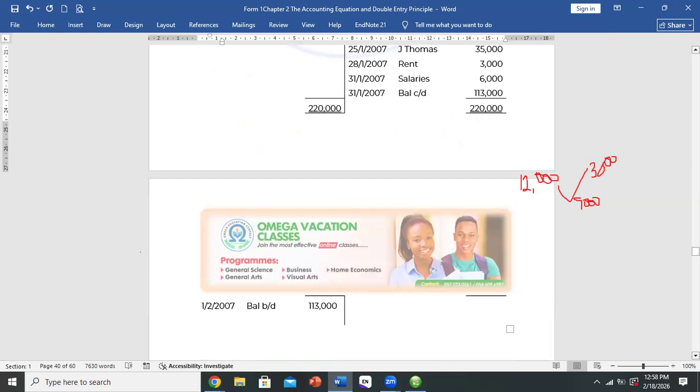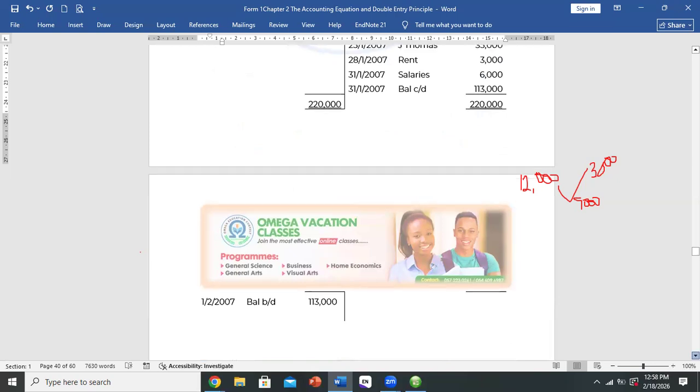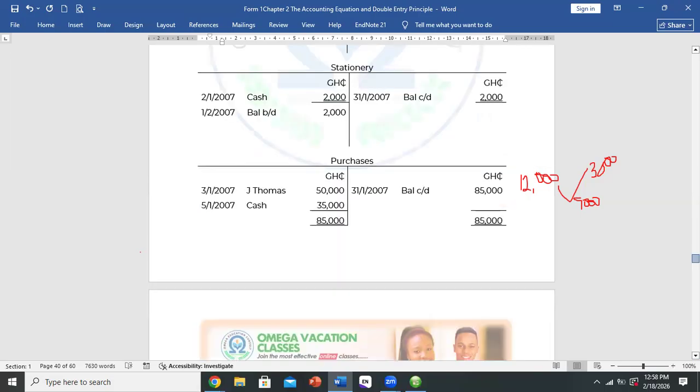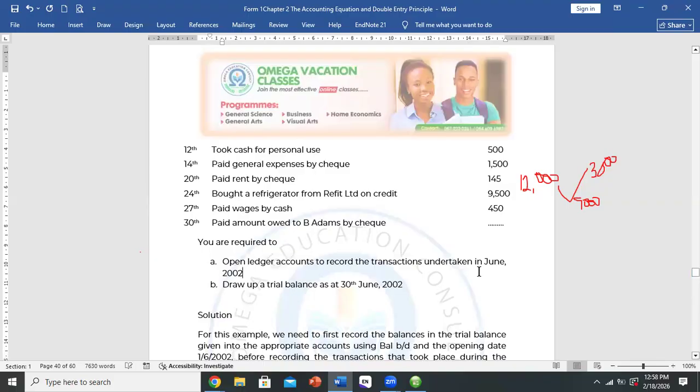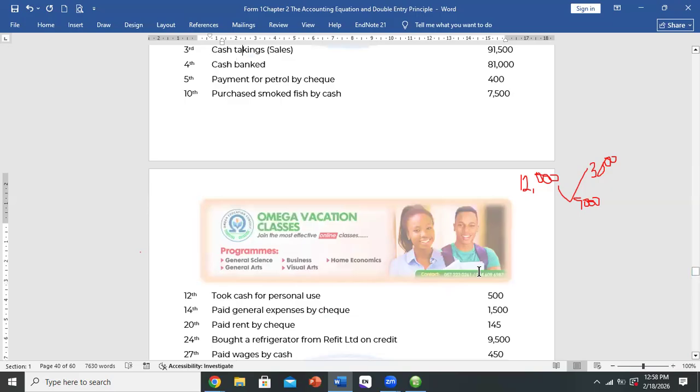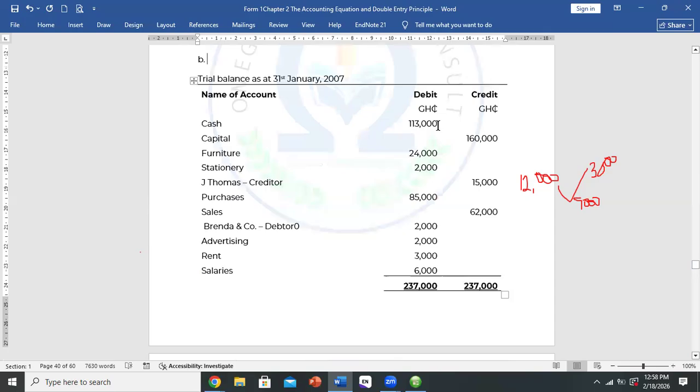So if I'm extracting a trial balance, then you see, in my trial balance, look at it. The first item, cash, see that it has been put under the debit.